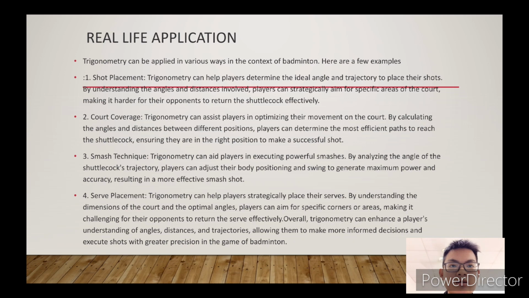Players can aim for specific corners or areas, making it challenging for their opponents to return the serves effectively.